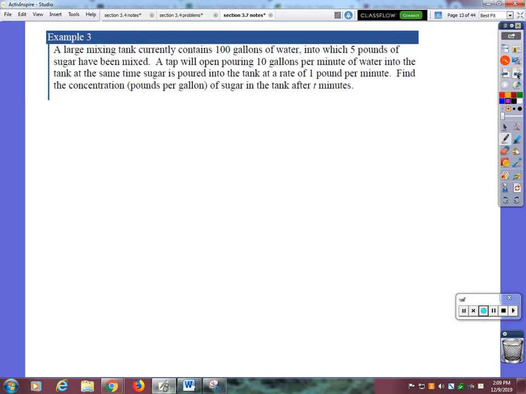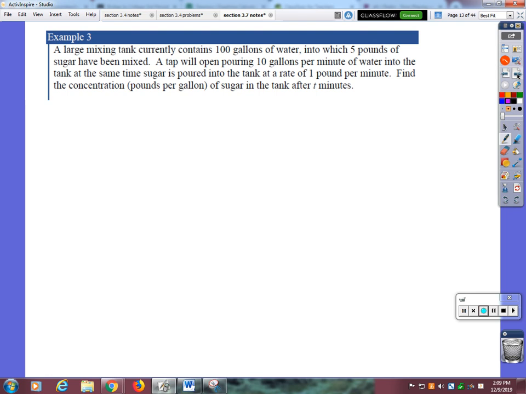We're going to open up a tap, and it's going to pour 10 gallons of water per minute into the tank at the same time as someone pours sugar into the tank at a rate of 1 pound per minute. What we want to do is find the concentration of sugar in the tank after t minutes.